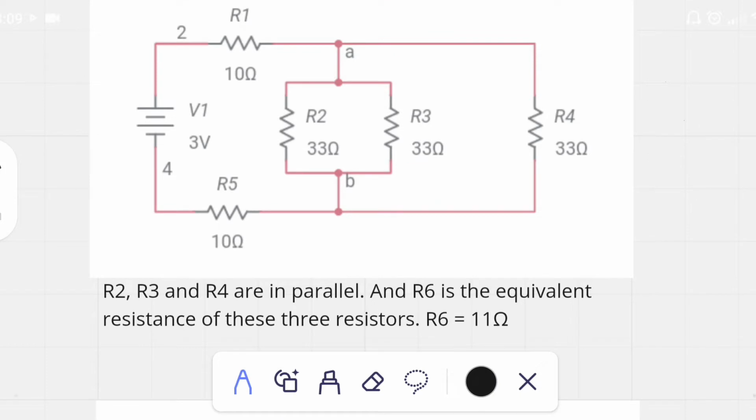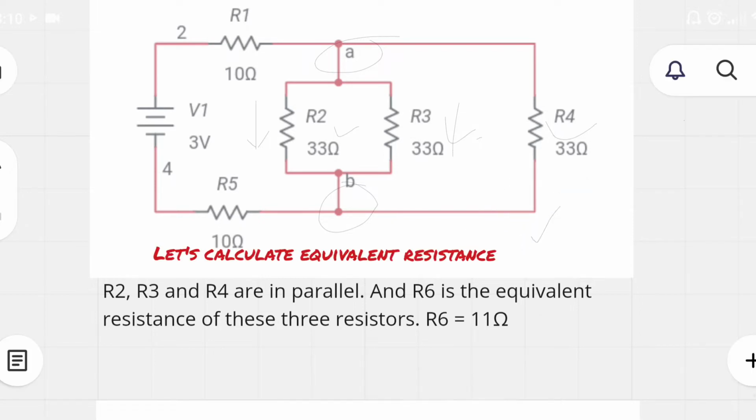Look at this circuit. R2, R3 and R4 are connected in between A and B, and we need to evaluate its current. So two things are necessary. V is equal to IR. We know the value of each resistance and we need to evaluate voltage and current.